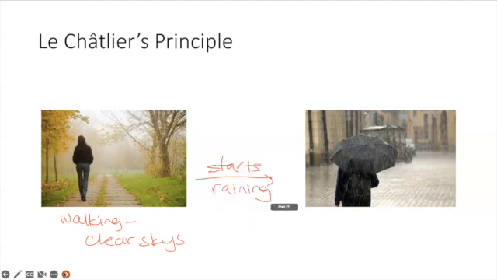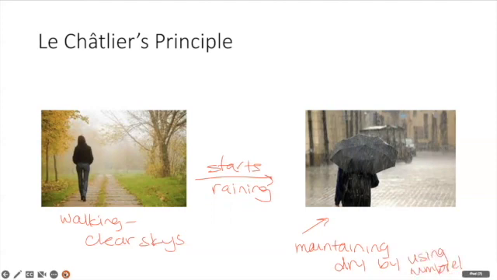In order to stay dry, you use an umbrella. You're changing what you did in order to maintain dryness. So this is Le Chatelier's principle: we're going to react in some way to maintain equilibrium.